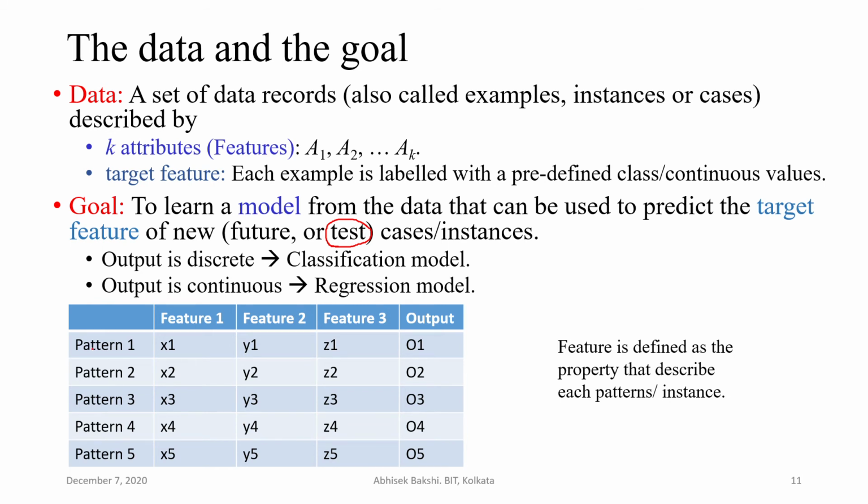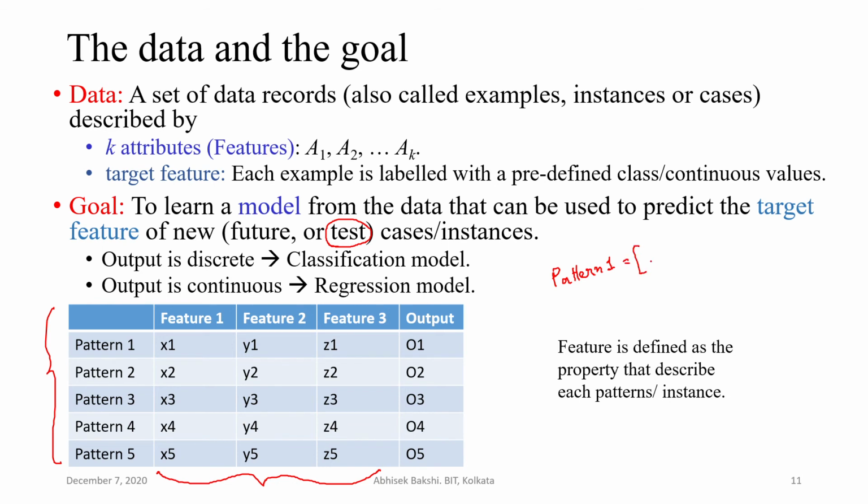So our data set looks something like this. It is a table where our input consists of these three things, and this is the only output. In the previous case, as we told you, we have a feature vector. What I mean is that this pattern 1 is not a single value.